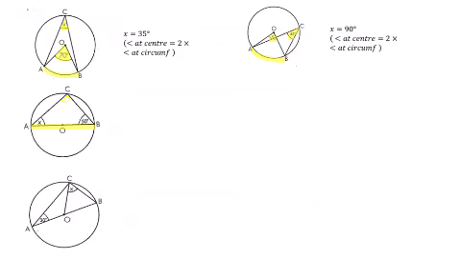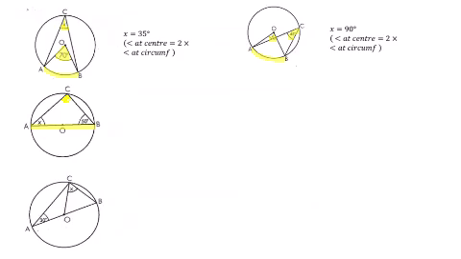Angle ACB is equal to 90 degrees. Therefore, we can say in the first step angle C is equal to 90 degrees. The reason: angle in the semicircle. And then we can apply a rule to find the value of x.